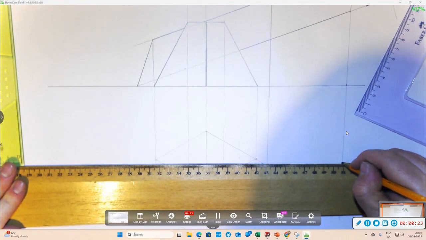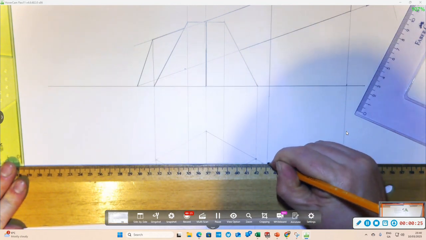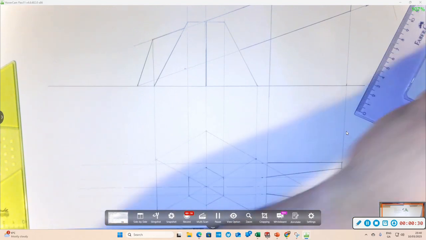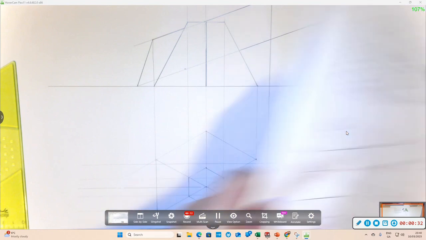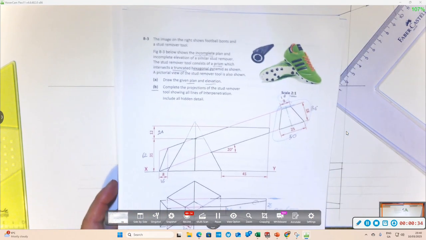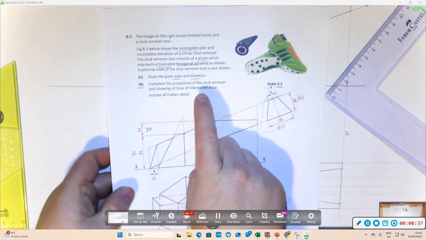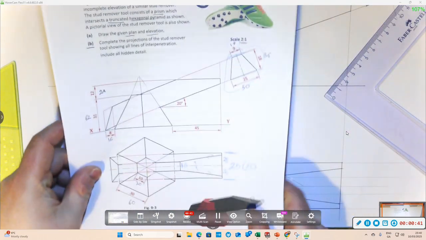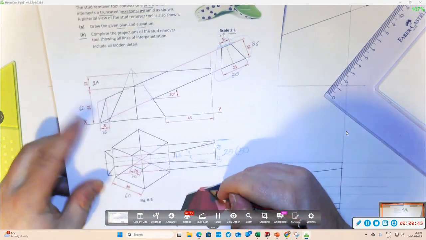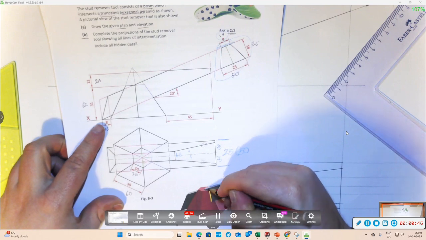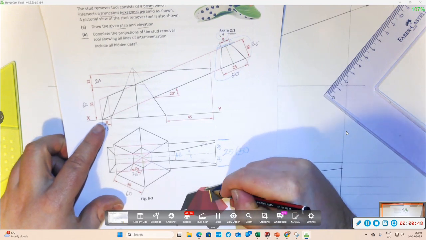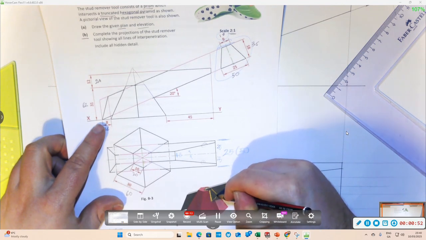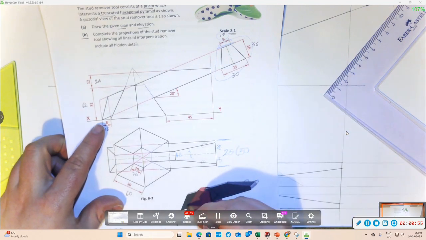Now, we're ready to tackle part B. Complete the projections of the stud remover tool showing all lines of interpenetration, include all hidden detail. So what that means is draw the lines where the two solids meet in plan and elevation.